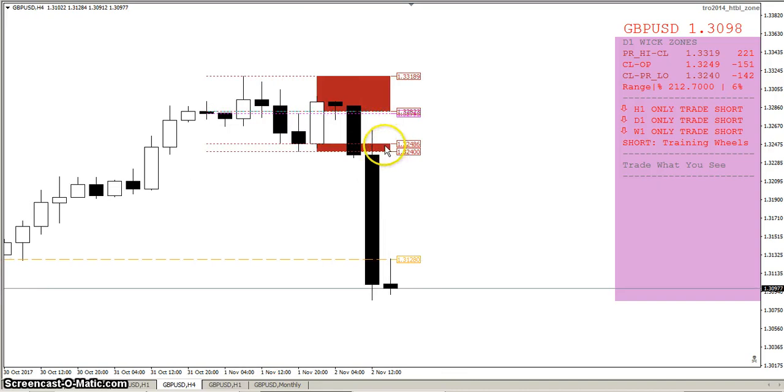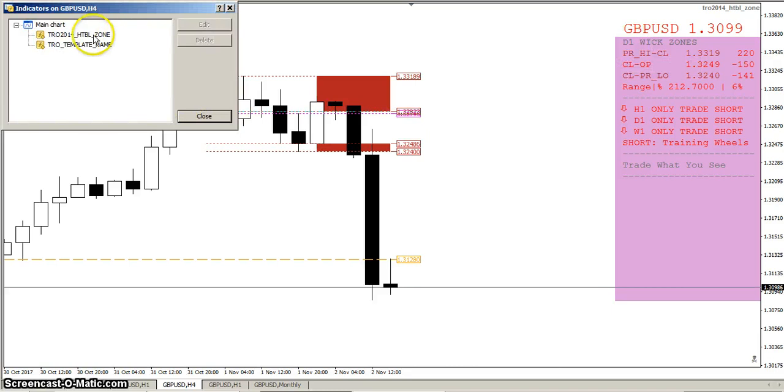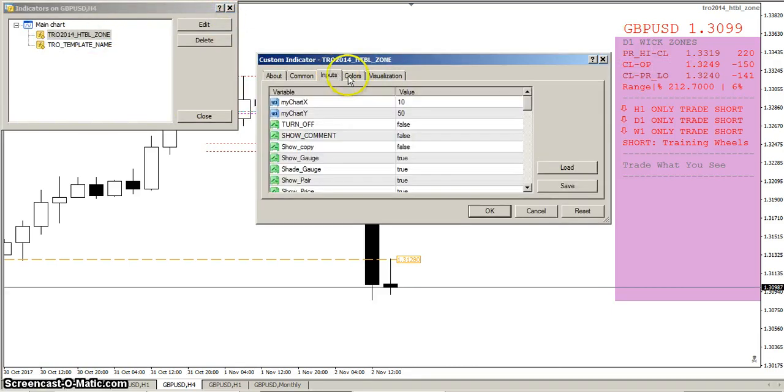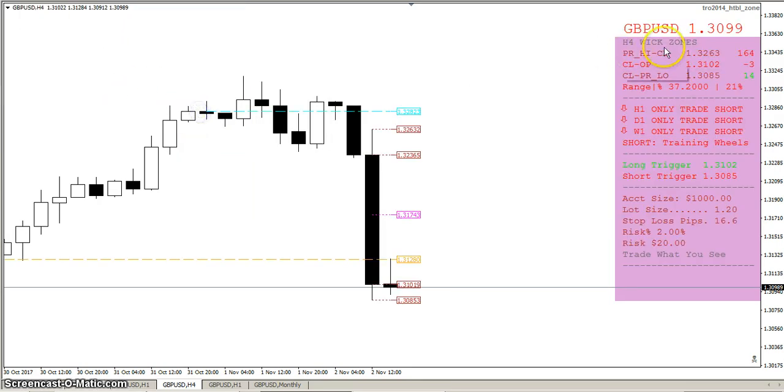It's like it escaped that H4 zone, but it's in this one. Oh, this one I didn't have set automatically. That's stuck on D1. So let's go over here, inputs, my period 0. Now, we've got it. So you can see it's in that zone.